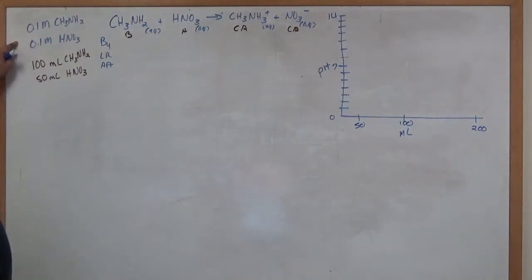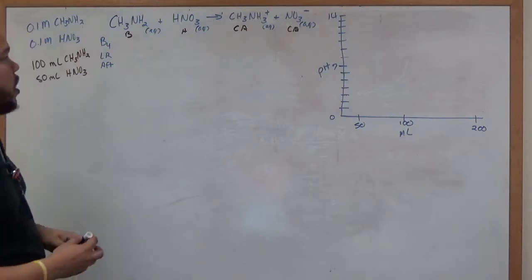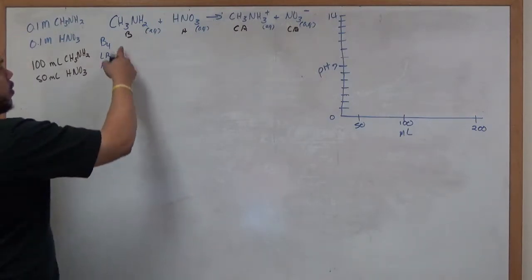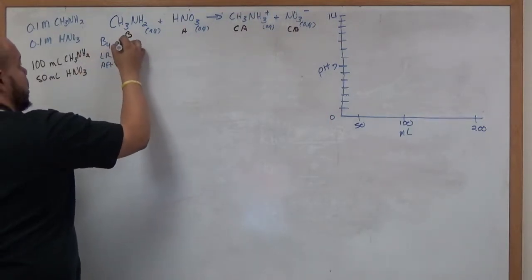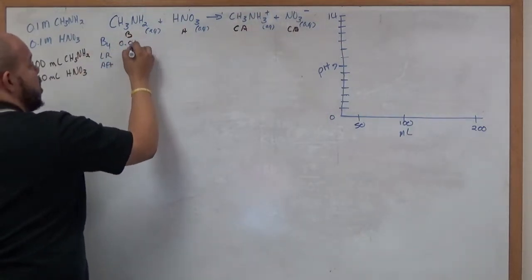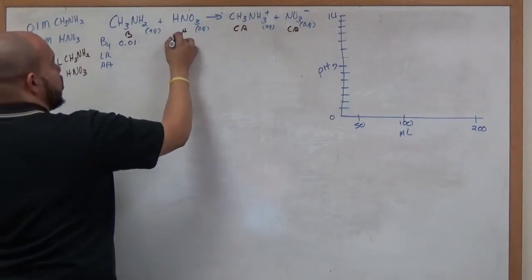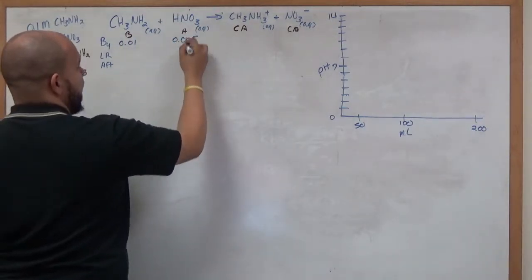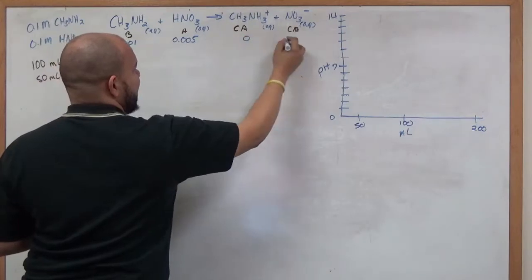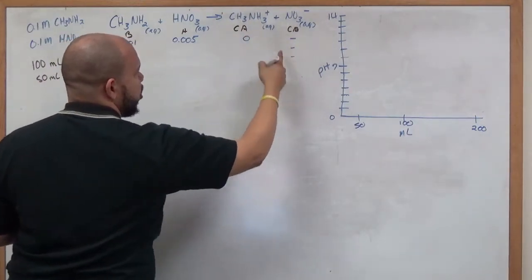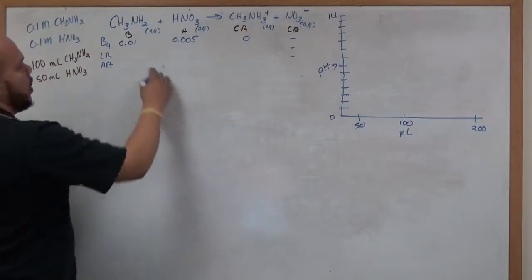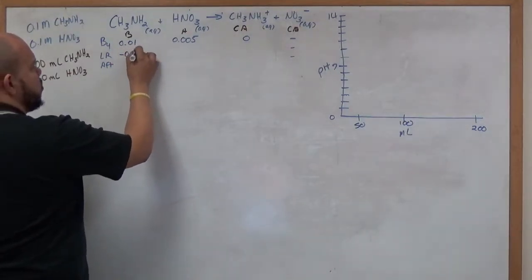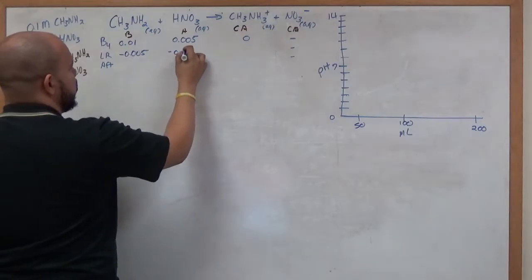If we look at these values at step 1, which is halfway to the equivalence point, we're dealing with a before number of moles that is 0.01. We are dealing with 0.005. We do not have any, and again, we're not so worried about a neutral ion in solution. Now, our limiting reagent is 0.005, 0.005.